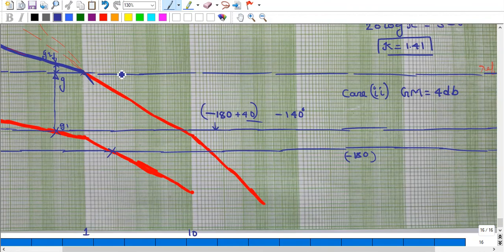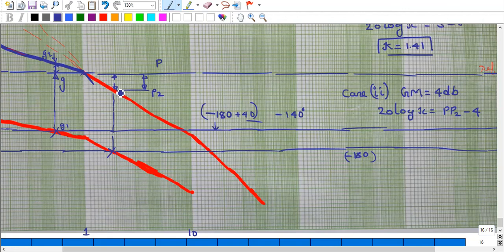So we used to calculate the phase margin here. So let me draw the construction line. If I extend the construction line, this particular distance will give, let me mark that as P2. Okay, so this used to give us the gain margin. So the formula is as follows, that is 20 log K equal to P2 minus 4. Okay, very simple.